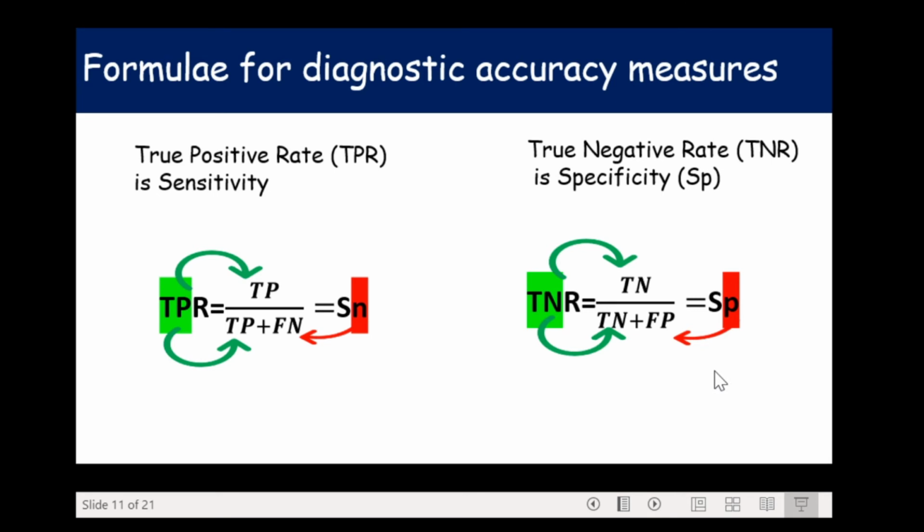So specificity defines the proportion of true negative subjects without the disease in a total group of subjects without the disease. That means true negative divided by true negative plus false positive. In other words, specificity is defined as the probability of getting a negative test result in subjects without the disease.